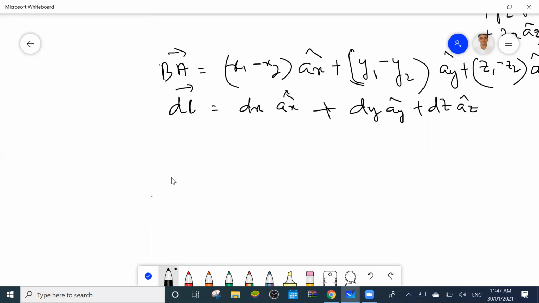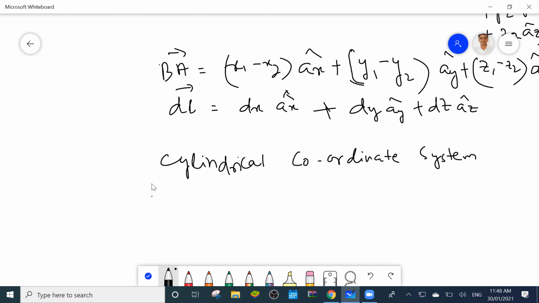So cylindrical coordinate system, suppose this is the Cartesian coordinate analysis. If you understand these things, you can. But you have to remember the limit of x, minus infinity to plus infinity. The limit of y, similarly minus infinity to plus infinity. Z is also minus infinity to plus infinity. But in the case of the cylindrical coordinate system, what happens?